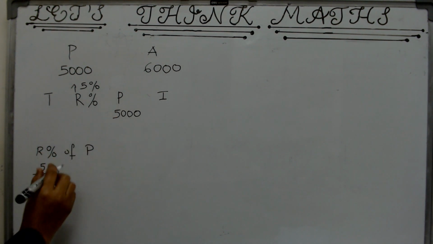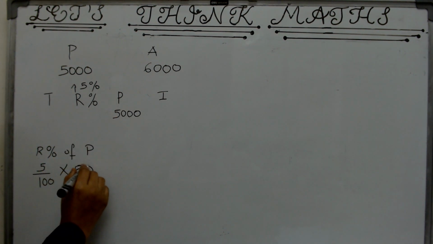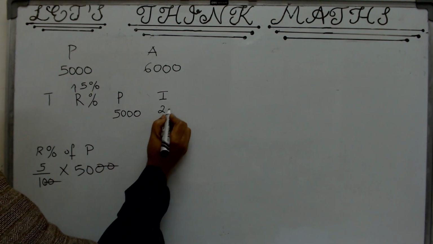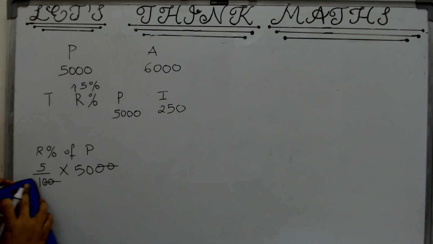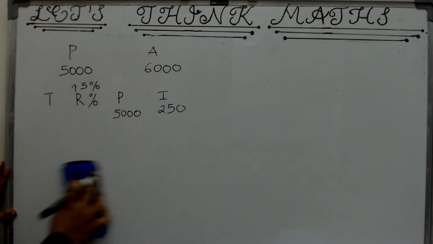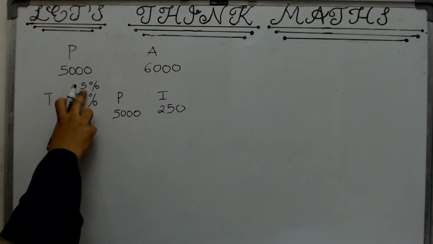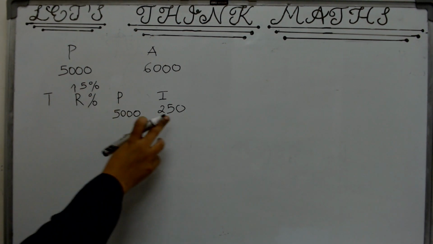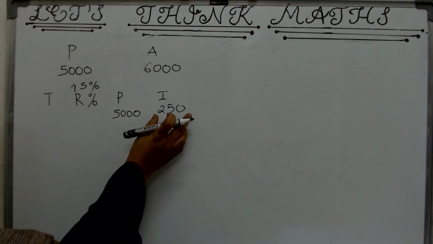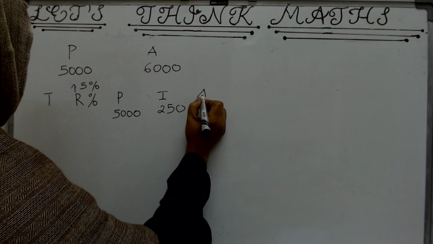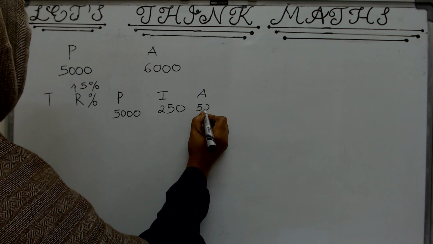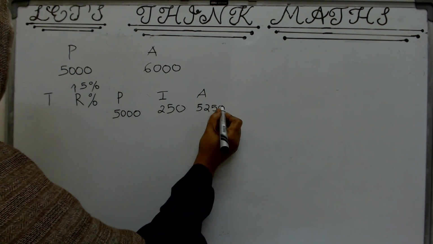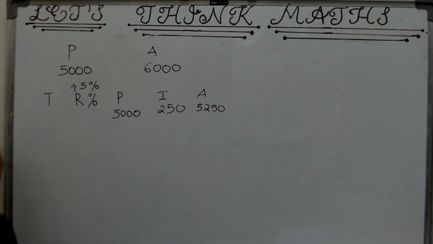Your principal is actually 5,000. So what happens? You actually get 250. That is your interest in 1 year. So if the rate of interest is 5%, at the end of 1 year you will get 250 extra and your new amount will be what? 5,250. This is at the end of the first year.